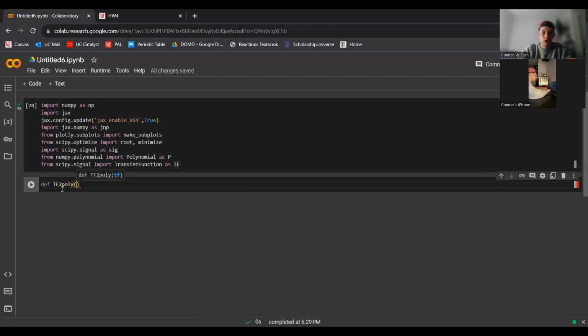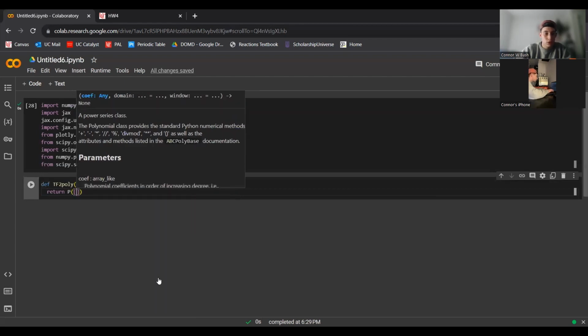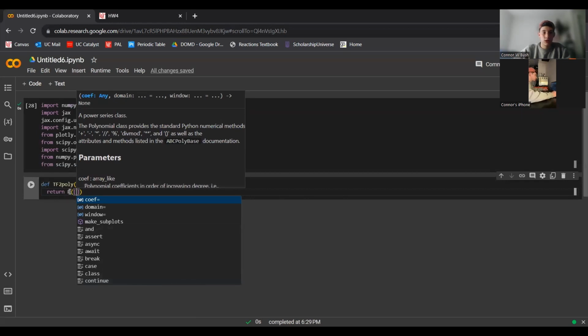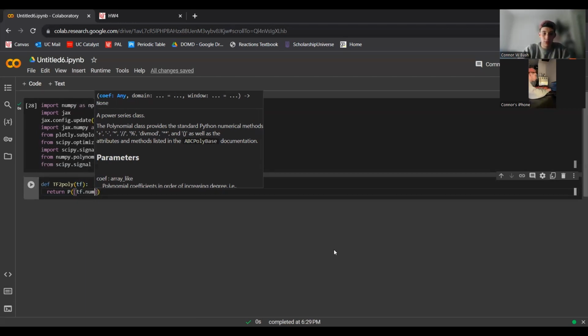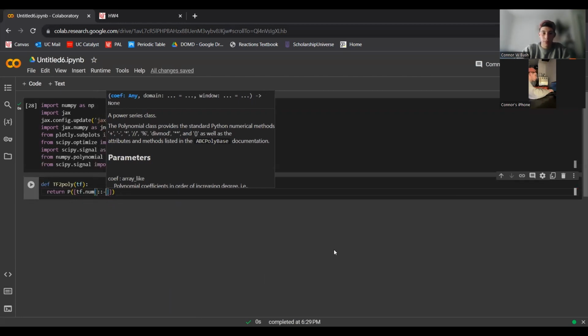So first we want to define a function, transfer function to polynomial. We need a transfer function, obviously. So from that transfer function, we are going to return the polynomial. When you get a transfer function, it's going to be in the form of numerator, denominator. So we are going to grab the numerator from there, and then we need to reverse the order of that.